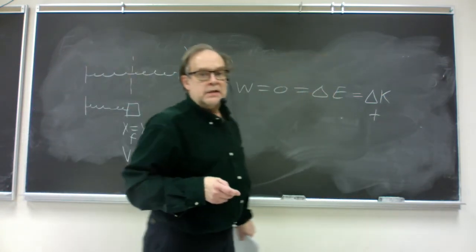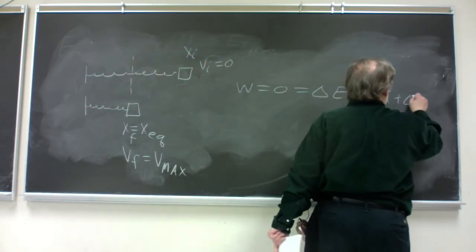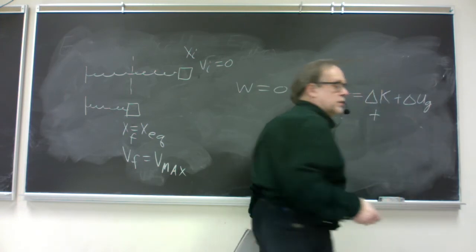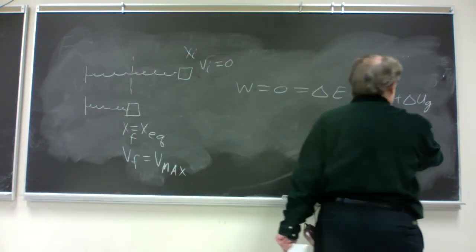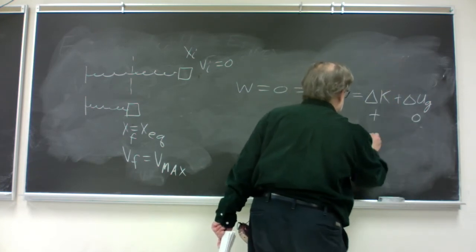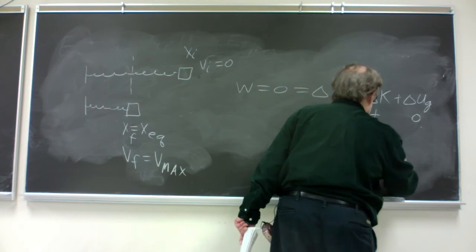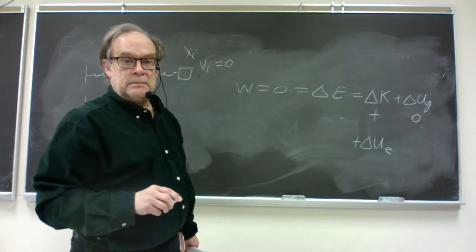An increase, a positive change in the kinetic energy. And just like before, everything happens horizontally, so there's no change in elevation, so there's no change in gravitational potential. There is a change in the elastic potential energy.